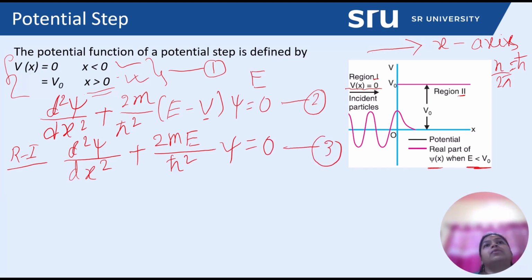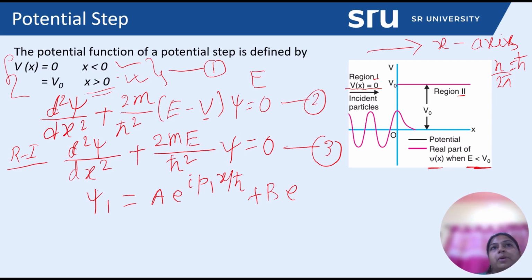The solution of this second order differential equation is psi 1 equals a e power i p1 x by h cut plus b e power minus i p1 x by h cut.